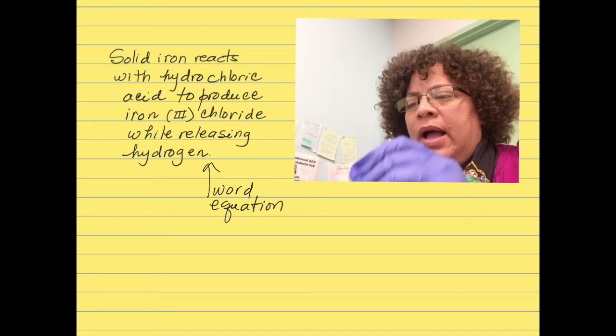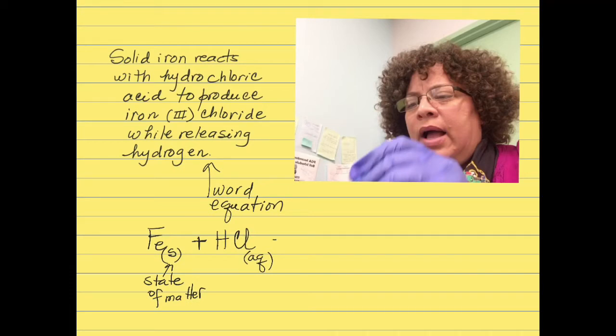Iron. What is the symbol for iron? Iron solid. That's the state of matter. Was reacting with hydrochloric acid. And the hydrochloric acid has to be in an aqueous medium just to be an acid.